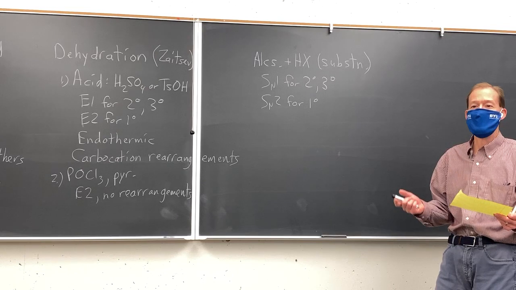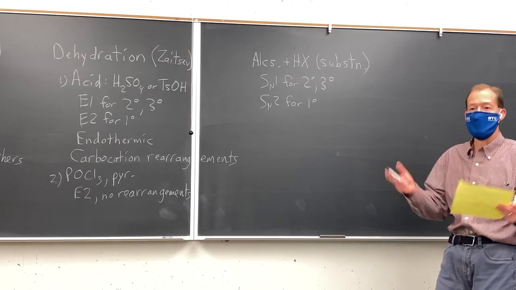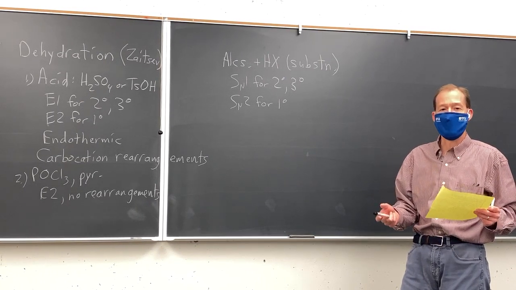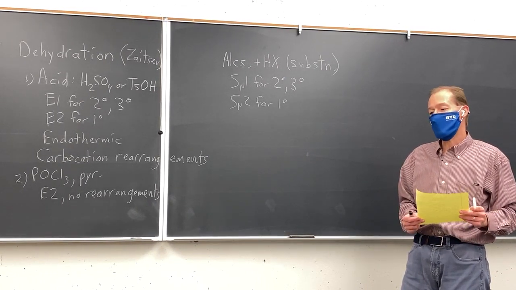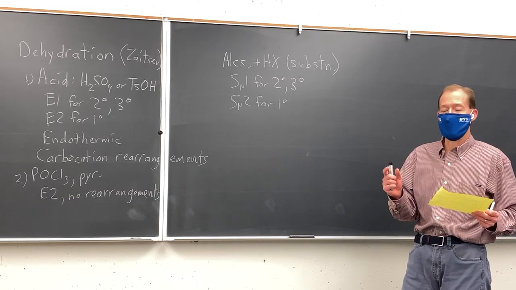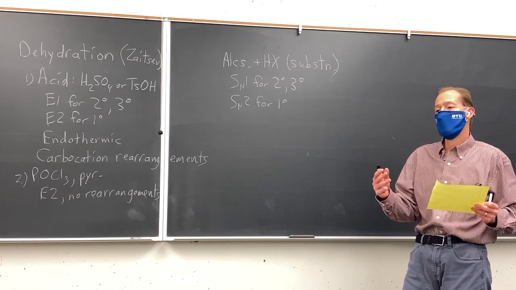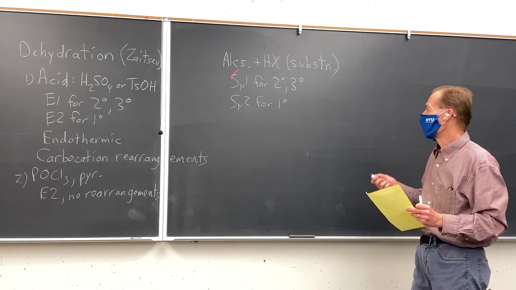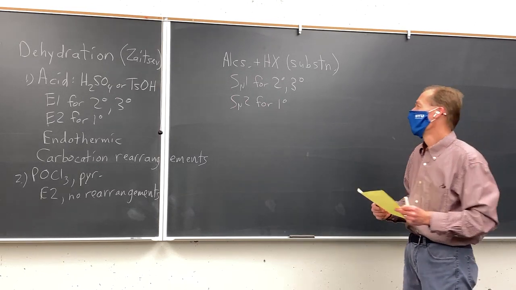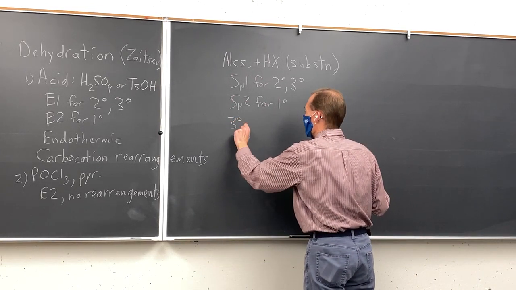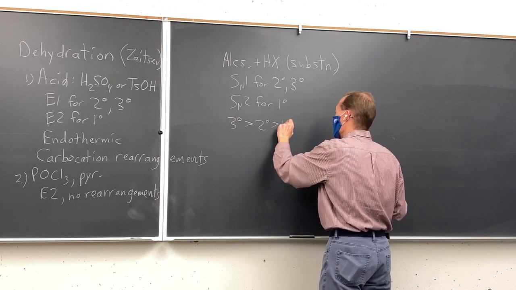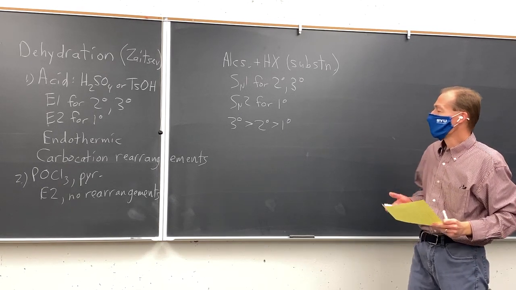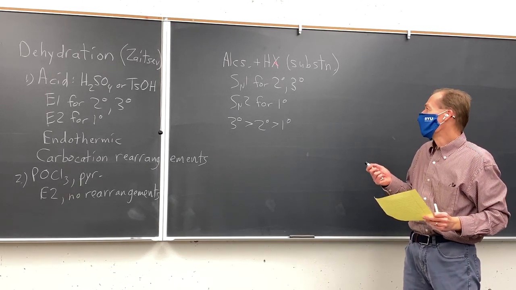My best explanation is that the leaving group in this case is water, which, although it is a good leaving group, is the poorest of our good leaving groups. And so presumably the fact that it is the worst of our good leaving groups slows down the SN2 reaction more than the SN1. And that's what allows this inversion in rates where the more substituted alcohols react faster than the less substituted alcohols.